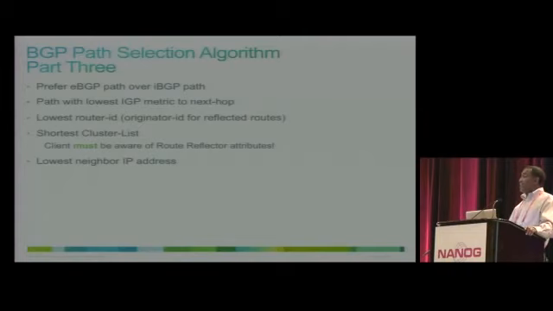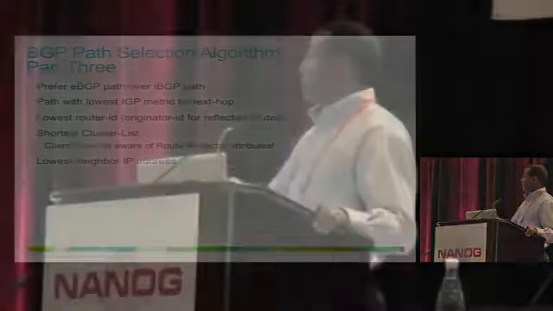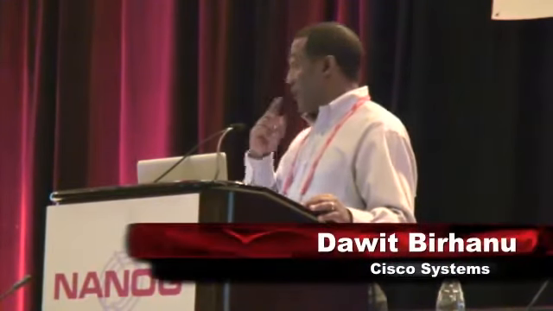The next one is that the path with the lowest IGP metric to the next hop of the BGP route is preferred. If that's the same, then the lowest router ID of the originator is preferred. And if there are multiple route reflectors in the list, then the shortest cluster list is preferred. And then the lowest IP address for the neighbor is preferred.